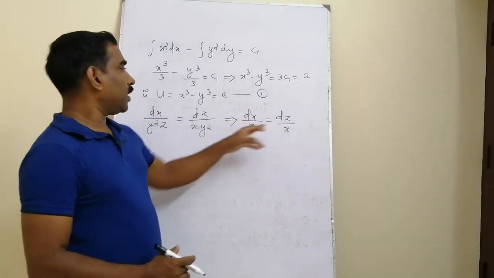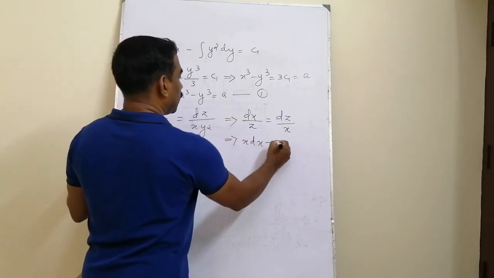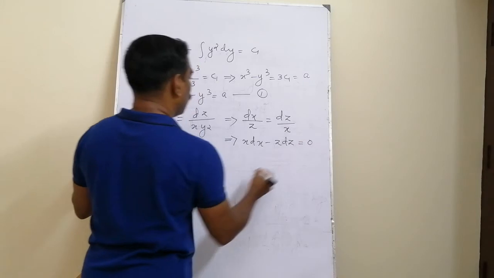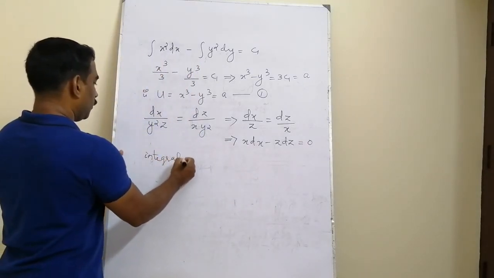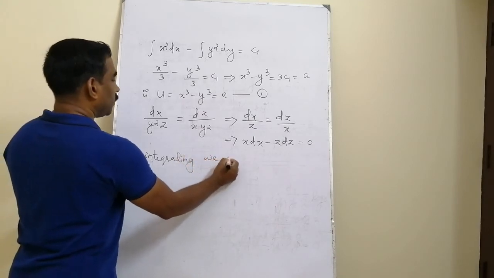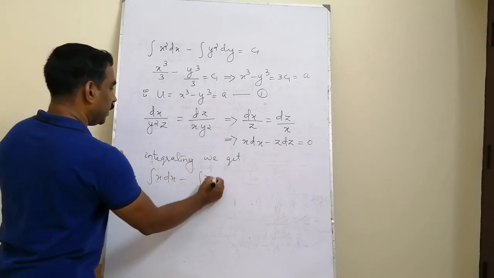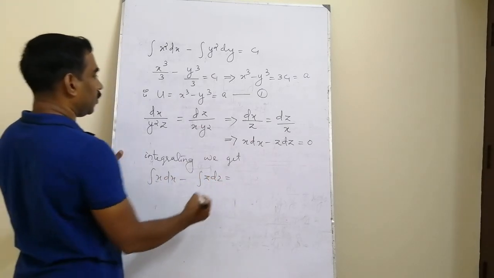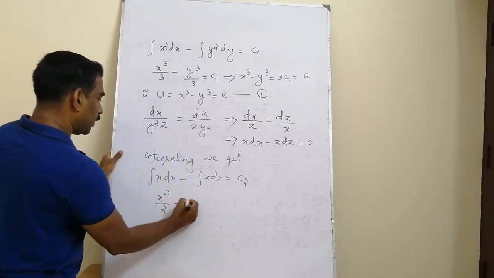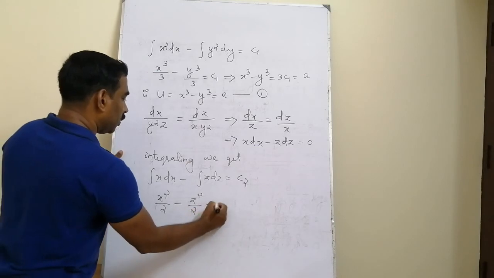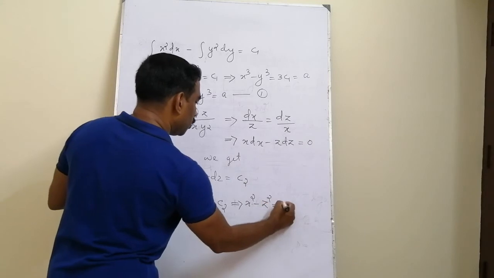We can easily arrange this in a separable format. So this is equivalent to x dx minus z dz is equal to 0. On integration, we get integral x dx minus integral z dz is equal to another constant, say c2, that is x square by 2 minus z square by 2 is equal to c2, or x square minus z square is equal to 2c2.